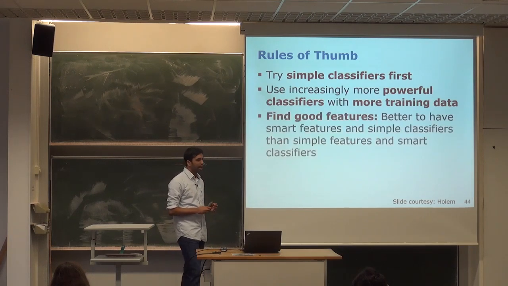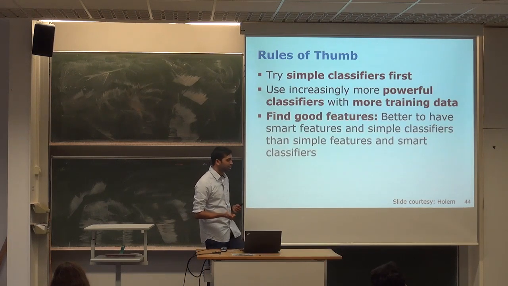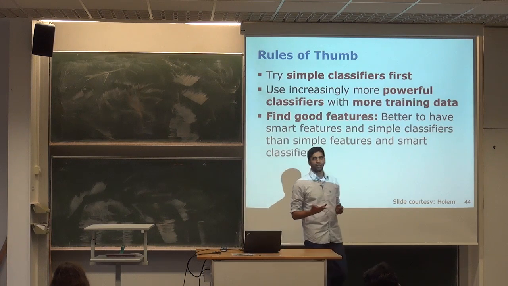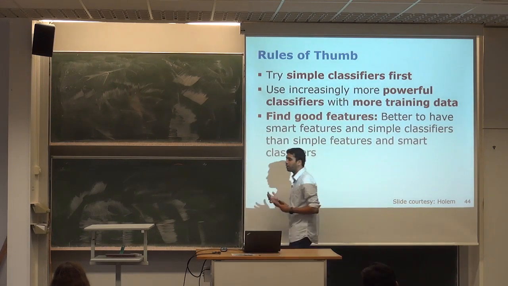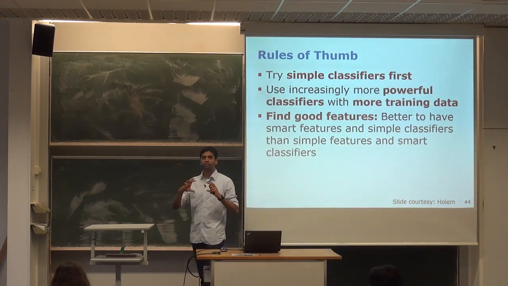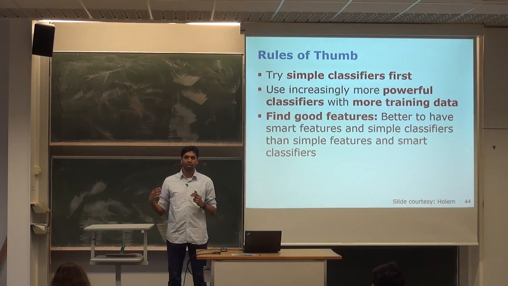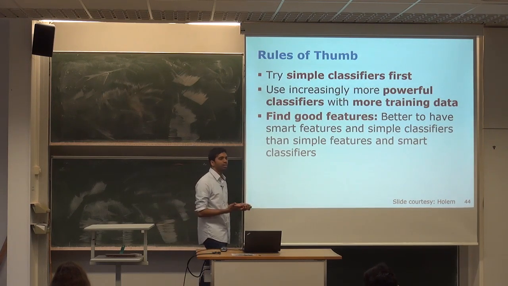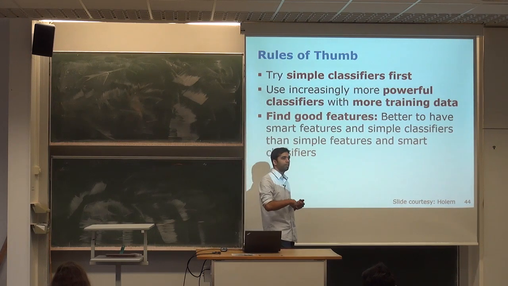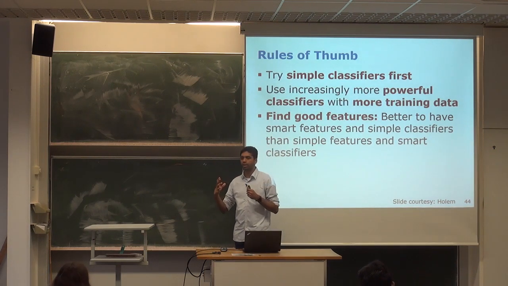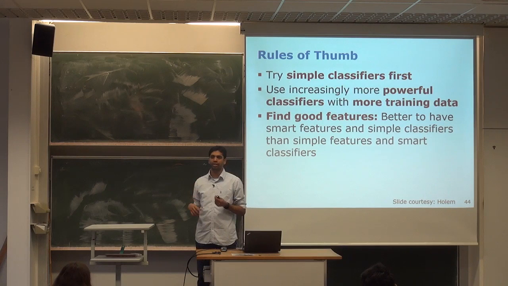Right? And the other trick is with the features. If you have good features which are able to discriminate well, it will always help, whatever classifier you use. For example, initially you were only using the color of the car to determine whether it's a car or not.